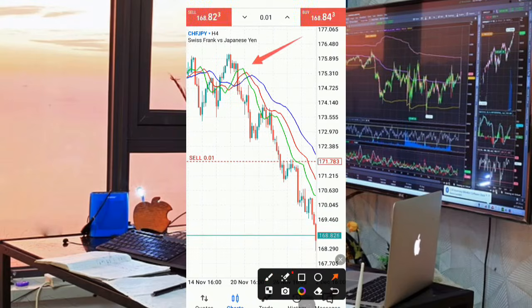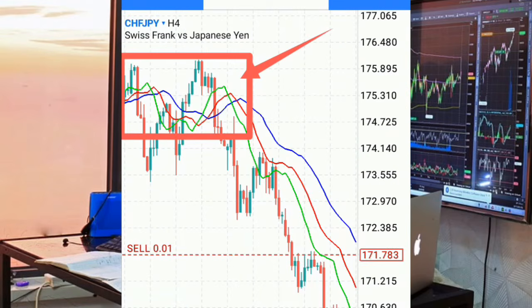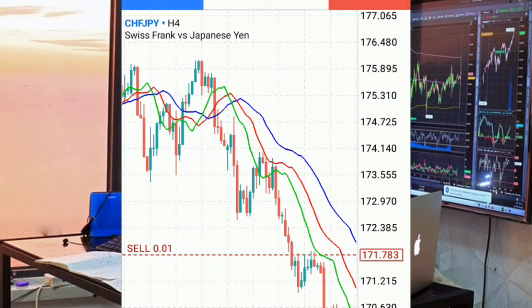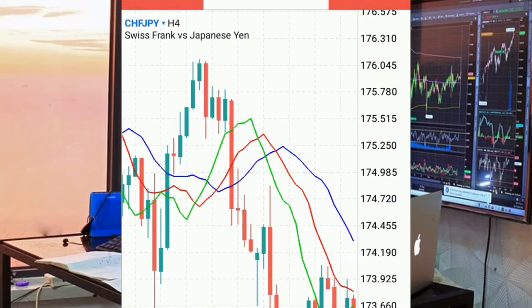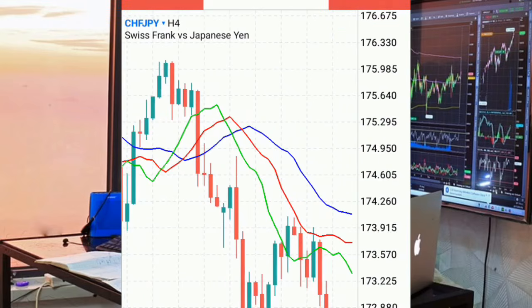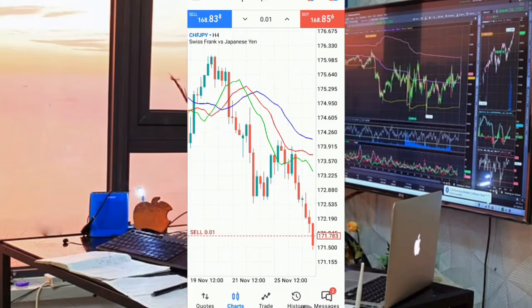As you can see, price is ranging, and if you look at the breakout we had just down there, we have just highlighted once again. If you look at that breakout, we had consecutive bearish candles, and the alligator is open over here, so now we are confident price is going to be bearish. You can enter your trade, as simple as that.